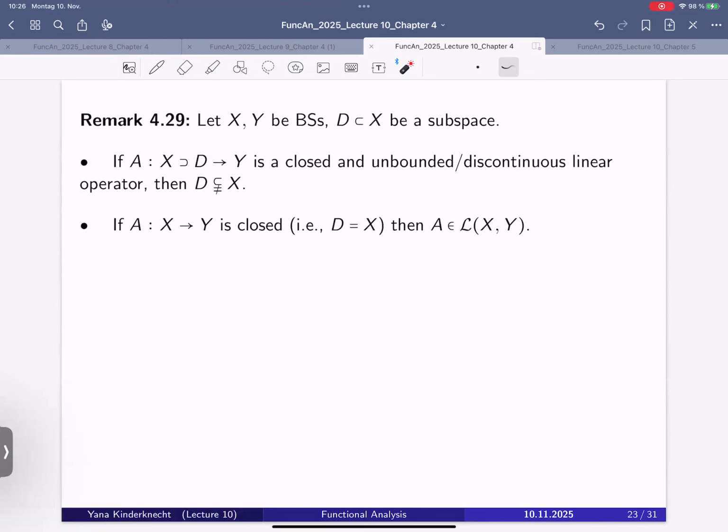Remark. The remark follows from the following theorem, but nevertheless, first pay attention to this remark.